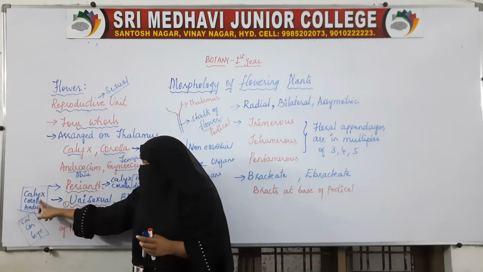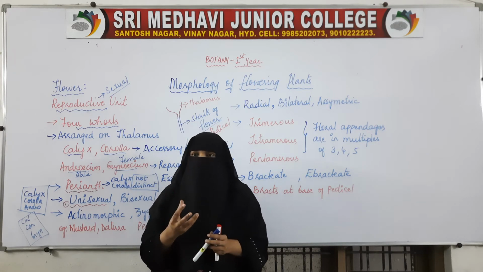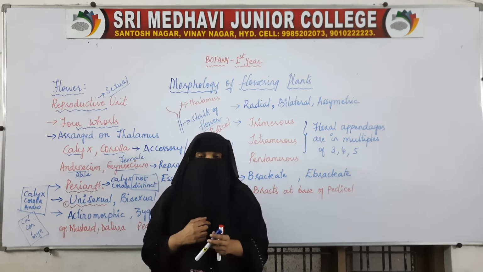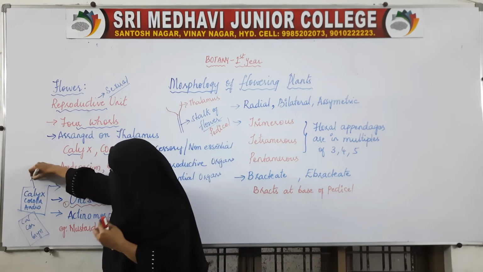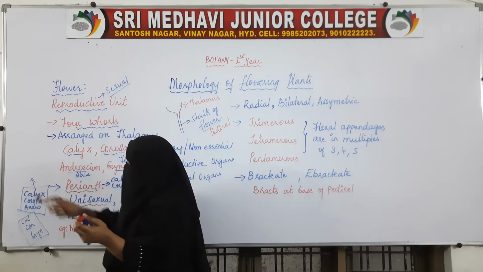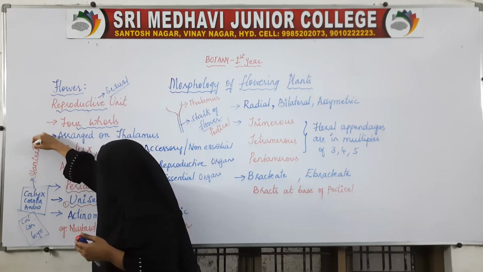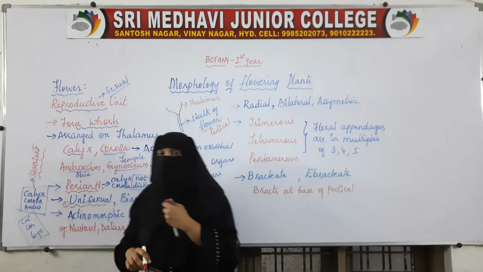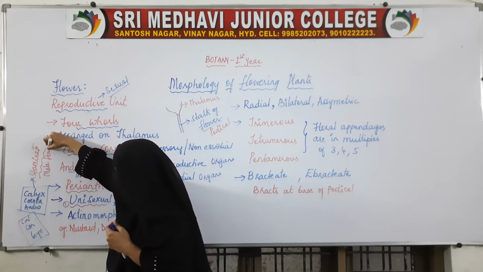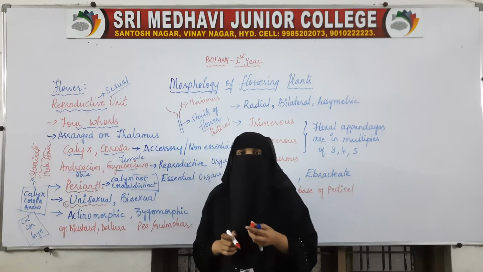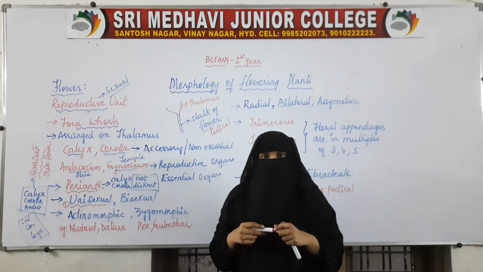If calyx, corolla and androecium, that is the male reproductive organ, are present, then this flower is called a staminate flower, or we can even say male flower, because it has the male reproductive organ.